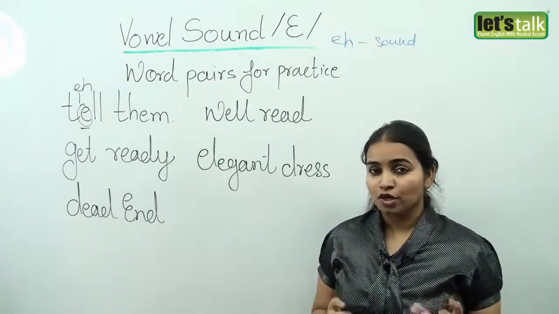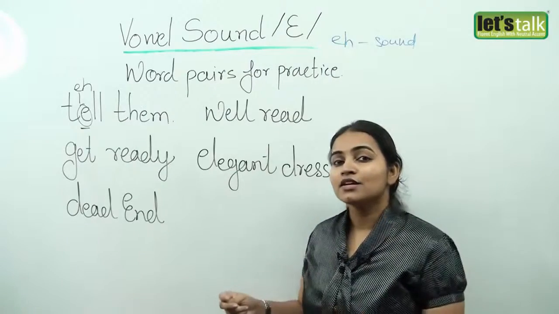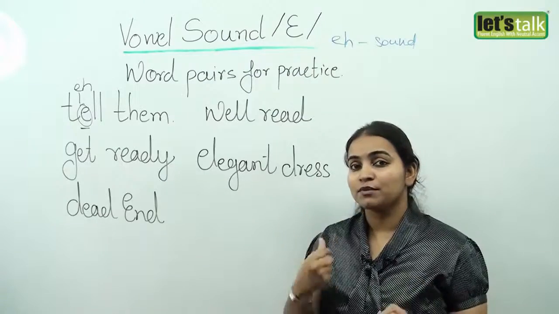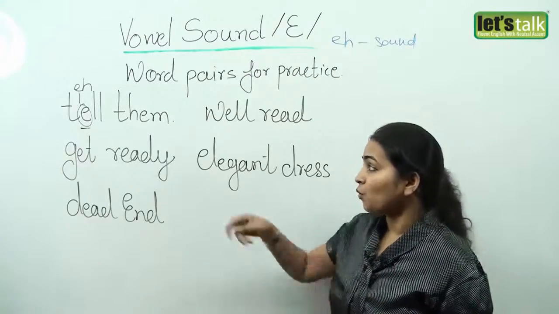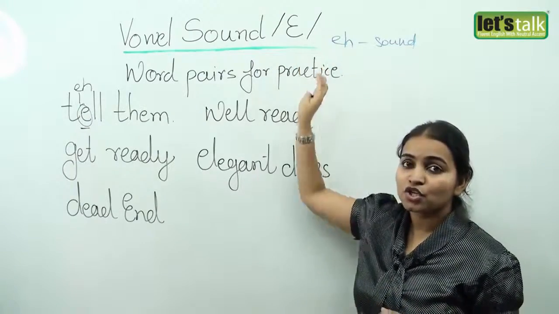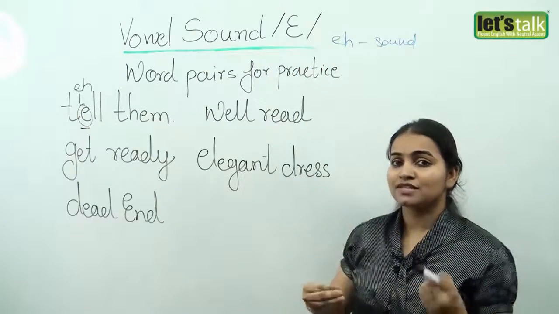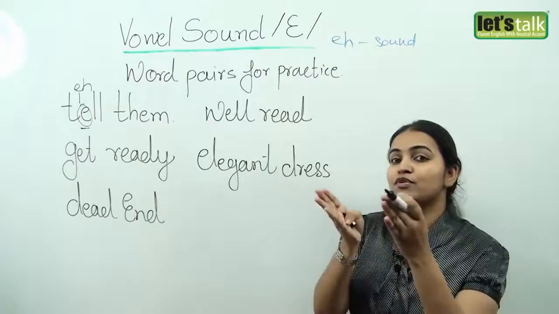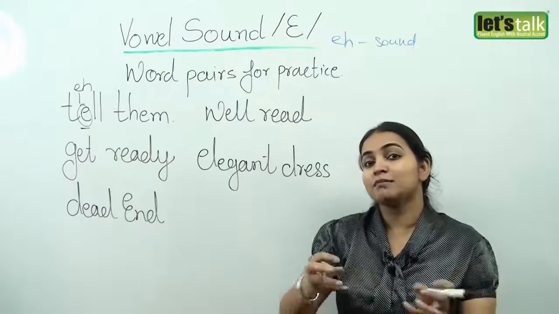Of course, words are not pronounced as tell. I'm saying this so that you can understand the pronunciation. But once you start repeating the words according to the vowel sound, you will automatically pronounce it as tell. But just to give you an idea, we're kind of breaking the word and pronouncing it in parts.